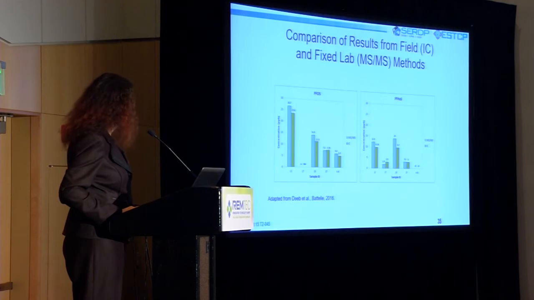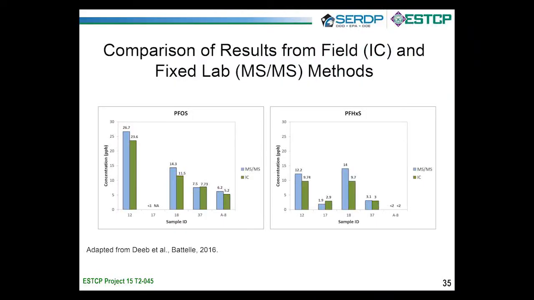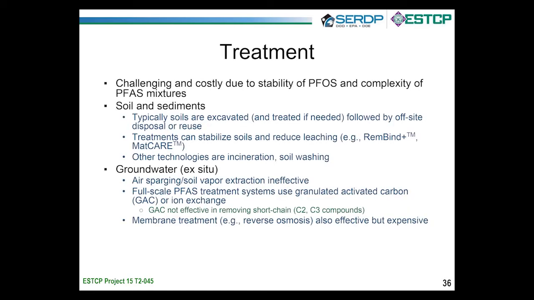So these are some results from the Eurofins method, and you're looking at a comparison between the field method, which is a direct injection method, so you can run up to 4 samples per hour, and the fixed lab LC tandem mass spec method, and you can see very similar results, which indicate that such tools, when we are ready to go to the field with them, are very promising and are definitely opportunities for us as an industry to invest in.